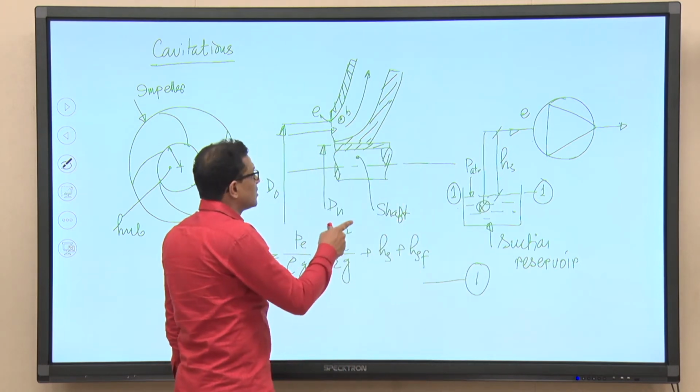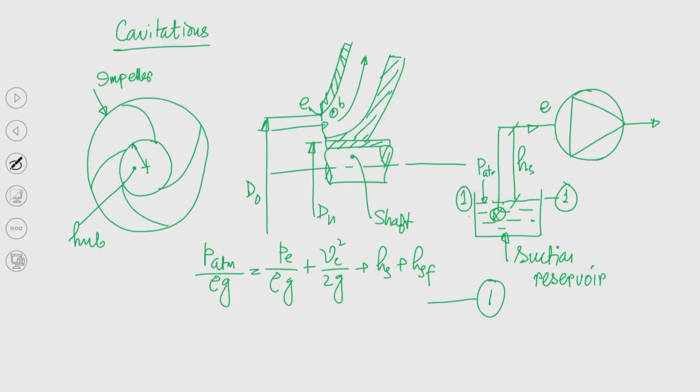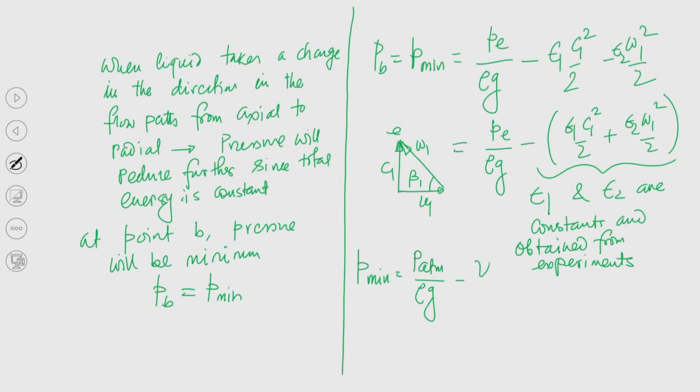Okay. So if we try to write that equation, we can write that P minimum equal to P ATM by rho g minus V square by 2 g minus Hs minus Hsf minus epsilon 1 C1 square by 2 plus epsilon 2 W1 square by 2.